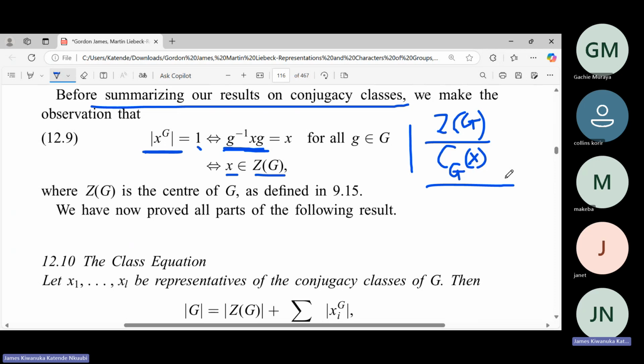The centralizer is for an element in the group, while the center refers to the whole group. From the definition, we can confirm that if the conjugacy class of X has only one element, then X must be in the center.